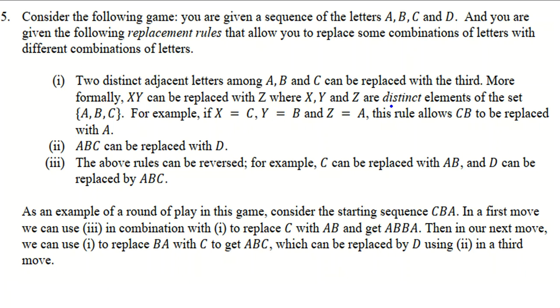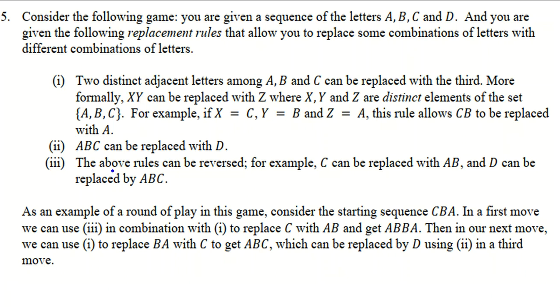CB or BC, both of them you can change to A. ABC can be replaced here. Only one permutation is possible. Only ABC, not CBA, not BCA. Only 1 of the 6 arrangements of ABC can be replaced, with ABC adjacent.